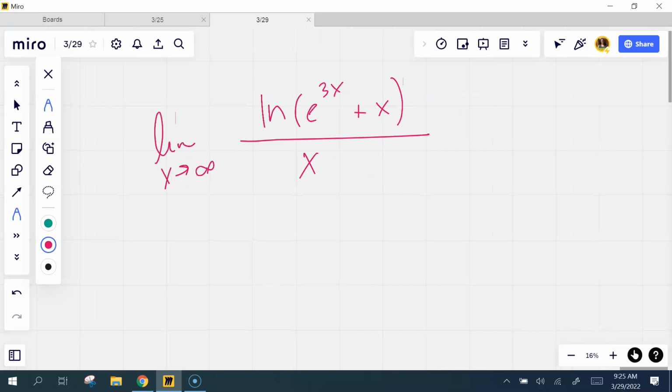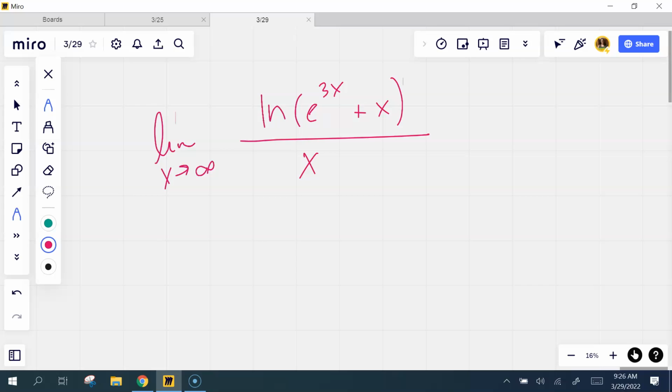If you think about infinity going in here, what did I do here? I did 1 over e to the 3x plus x times 3.